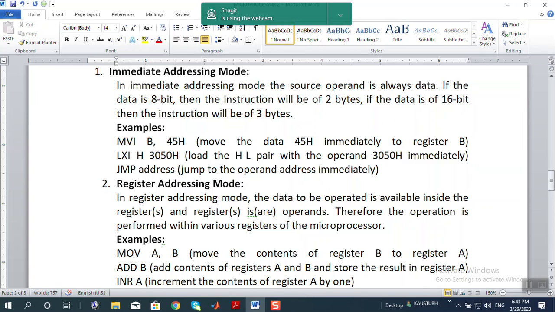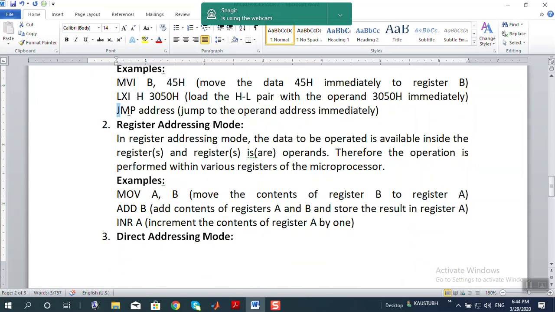The lower byte, that is 50, will be loaded to L, and 30 will be loaded to H. So load the HL pair with the operand 3050 immediately. This is also an immediate addressing mode instruction because the data to be loaded in the HL register pair is given immediately after the instruction. For LXI there is a dedicated, designated opcode of 8-bit, 1 byte, and 3050 is 2 bytes. So together it is a 3-byte instruction.